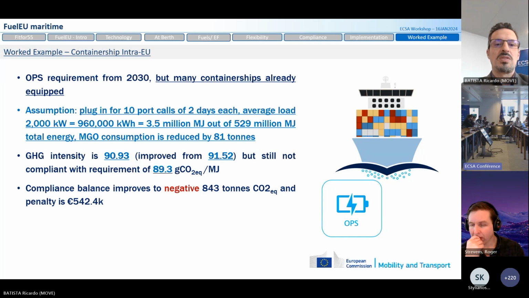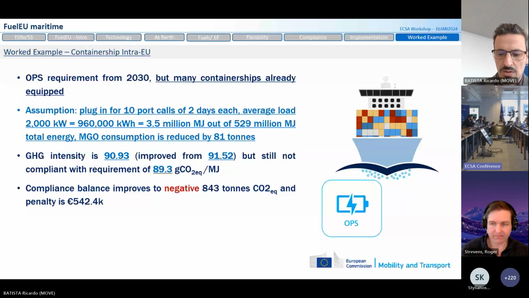If your assumptions in terms of port calls and power demand at berth change, maybe, and we've seen some cases where we have calculated the possibility of compliance only by using OPS, in the case of a ship that otherwise uses no other renewable and low-carbon fuel or other compliance technology. So this is the benefit already from 2025, to connect to shore power and gain some advantage in the intensity calculations.